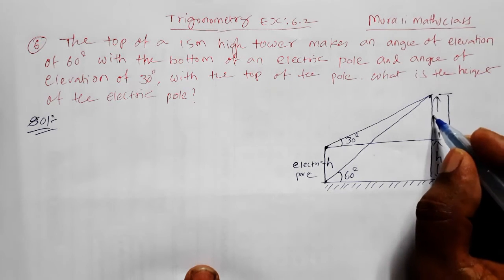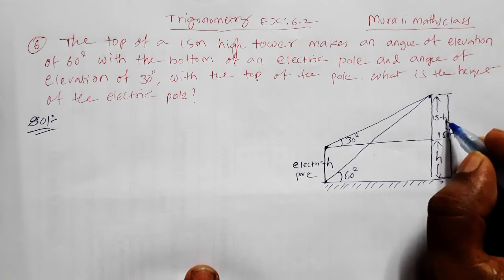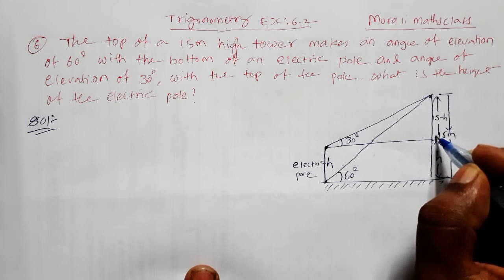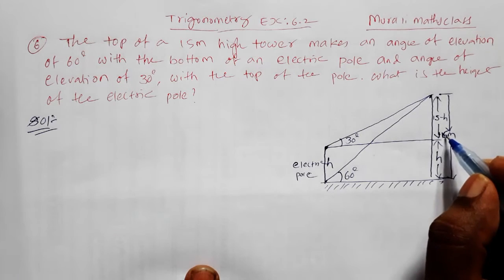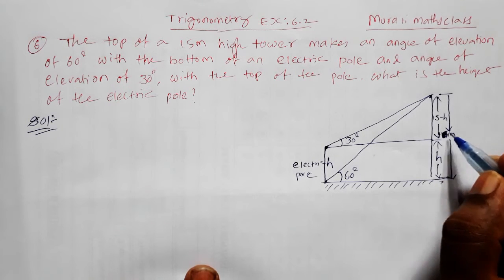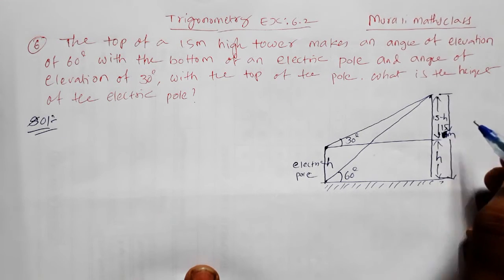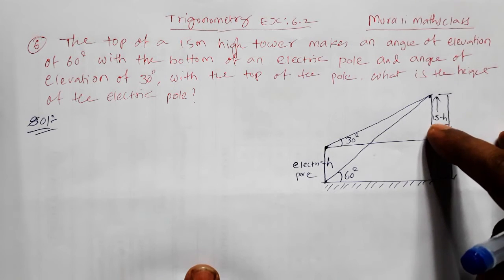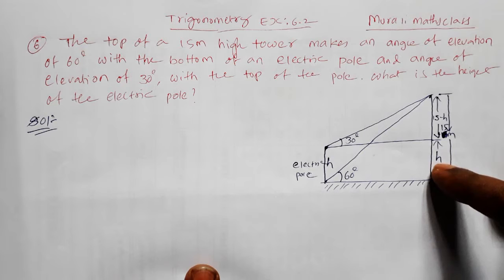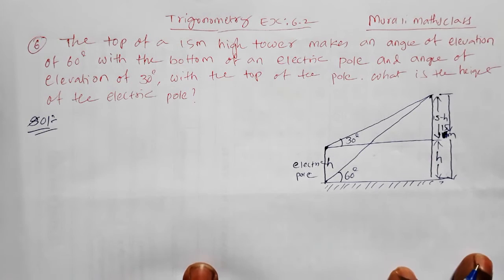This length will be 15 minus h. This total length is given as 15 meters. This is 15 minus h. This is h.